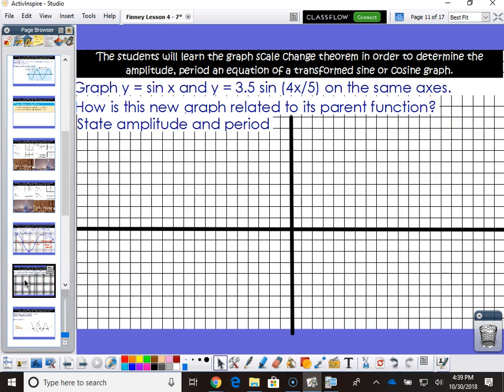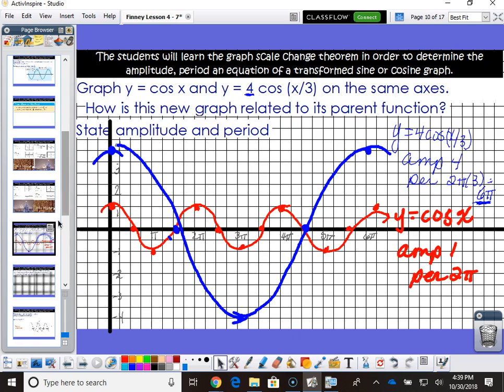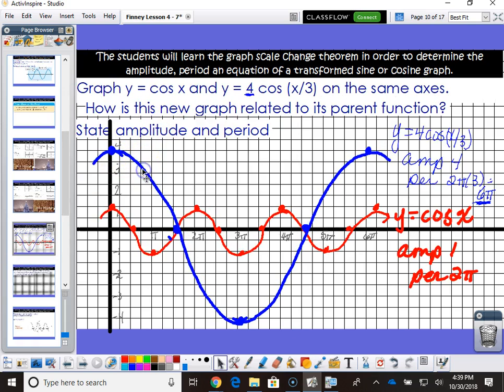So now what we're going to do is we're going to graph our sine curve, and we're going to graph the sine of 3.5 sine 4x over 5 on the same axis. How's the new graph related to its parent's function, and what's the amplitude? Oh, did we not answer that question here? Our new graph is 4 times as tall and 3 times as wide.